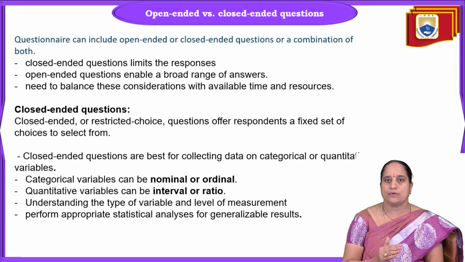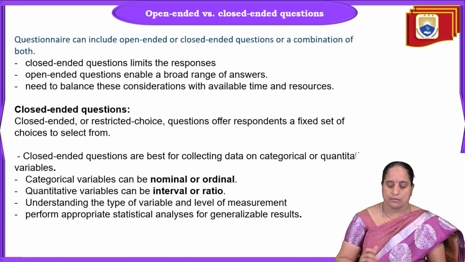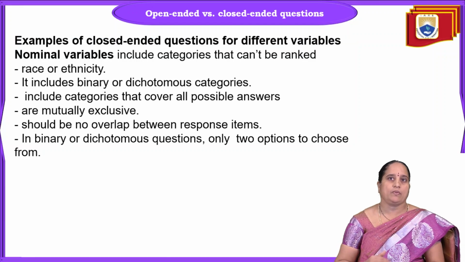Categorical variables can be nominal or ordinal in nature, and quantitative variables can be interval or ratio. Understanding the type of variable and level of measurement is essential to the researcher so that he can perform appropriate statistical analysis to generalize the results.